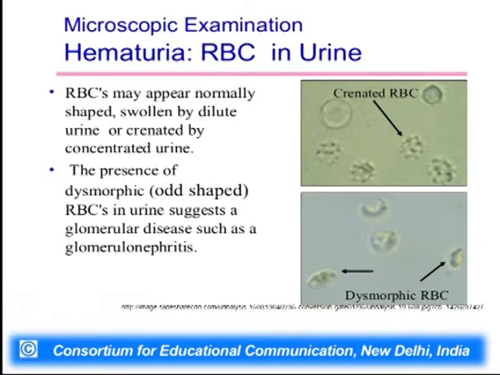The presence of dysmorphic, odd or abnormally shaped red blood cells in the urine suggests that the patient might be suffering from some glomerular disease such as glomerulonephritis. Along with this urine analysis, the doctor recommends certain other kidney function tests, which can substantiate the results shown by the urine test.